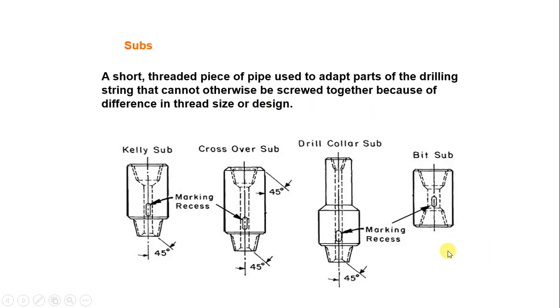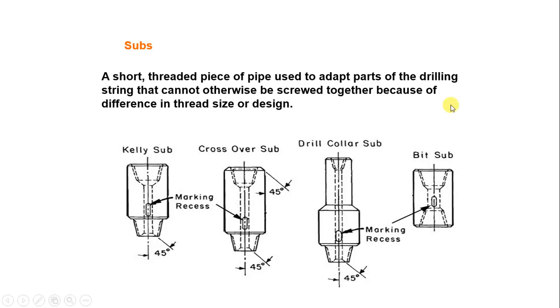The bit has male thread, whatever, 5 5/8 regular or whatever. So it has thread. If this thread is male, and I need to put drill collar above the bit, the drill collar also is male. So male and male cannot match.